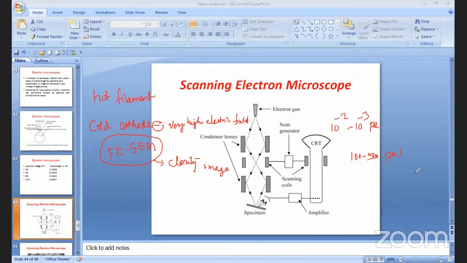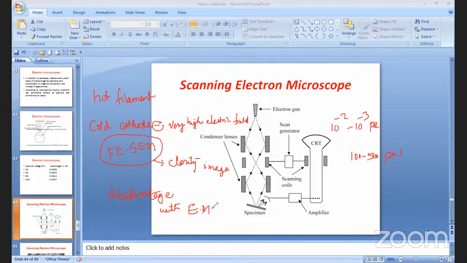One disadvantage which we have with this electron microscope is that insulating samples cannot be analyzed directly as they get charged due to incident electrons and images become blurred.